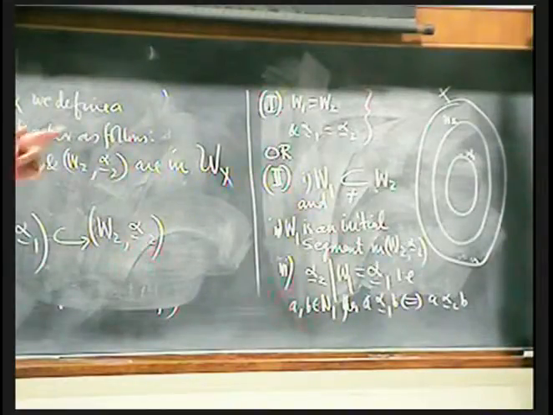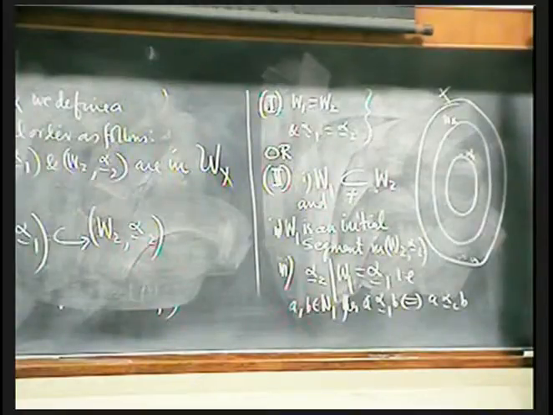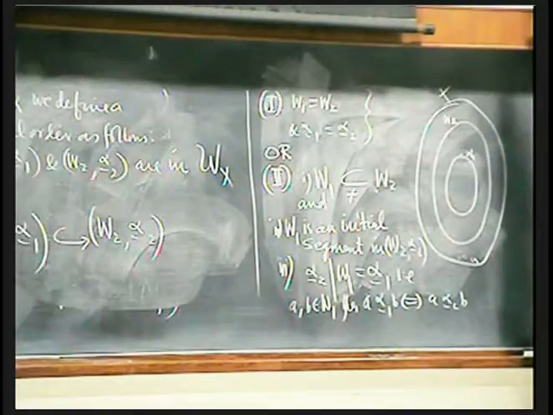Look at W2 minus W1, that's a non-empty set, and therefore it will have a first element. All these W1 fellows will come before the first element of W2 minus W1, and all the others in W2 minus W1 will come after this first element, which means all the W2 minus W1 elements come after the W1 elements. That is, this fellow is an initial segment.